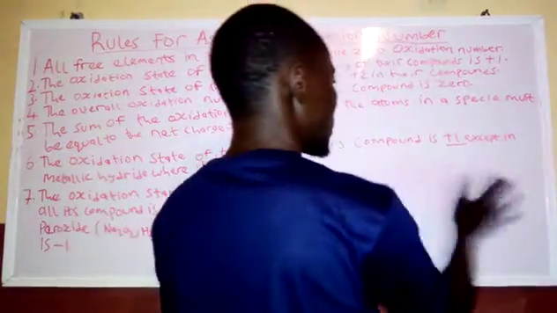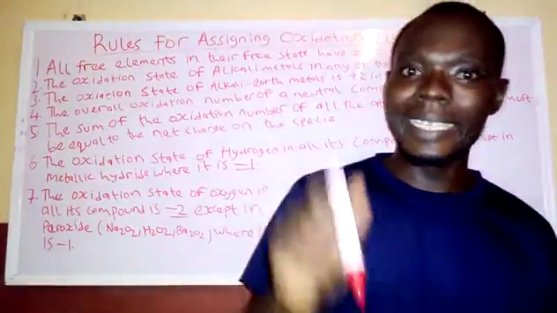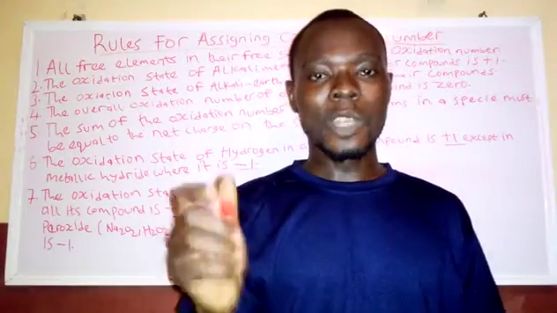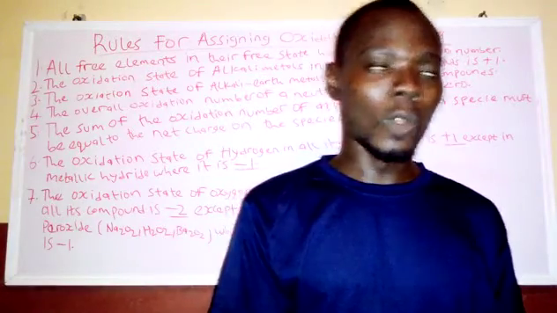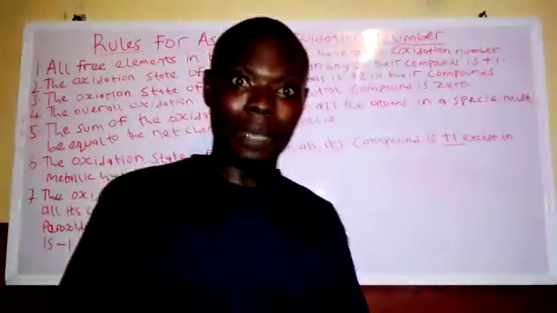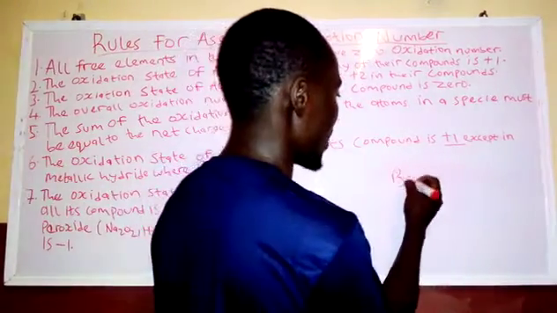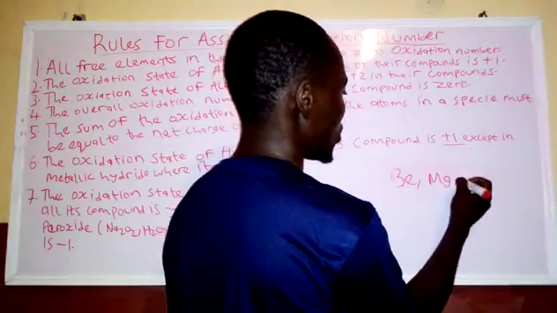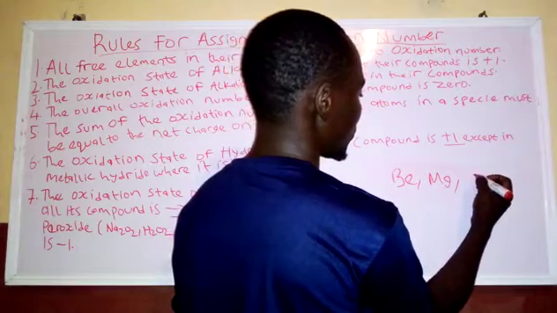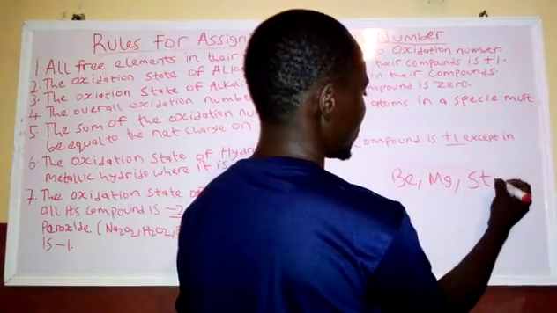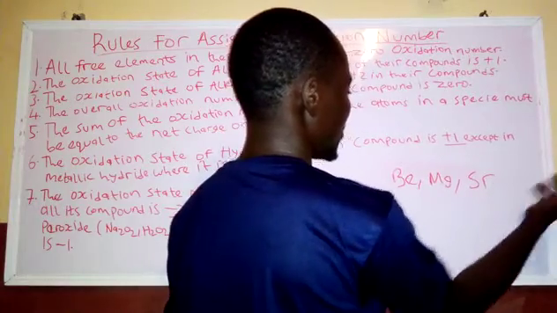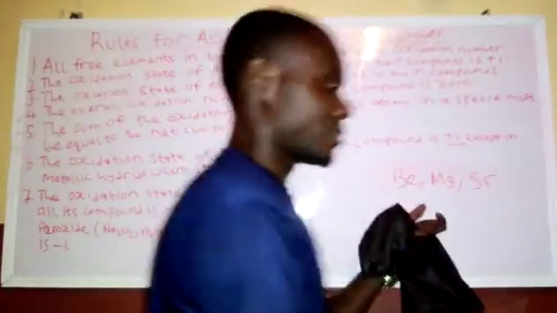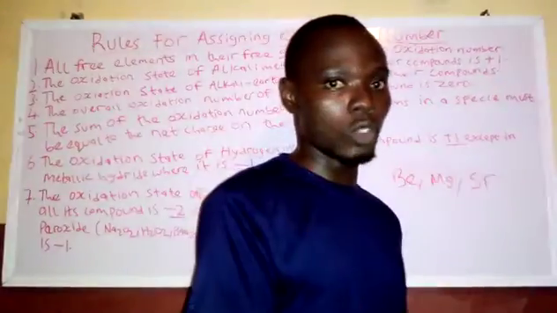The oxidation number of alkaline earth metals in any of their compounds is also +2. Take note of that. When you're talking of alkaline earth metals, we are talking of beryllium, magnesium, strontium, Sr, and so on.